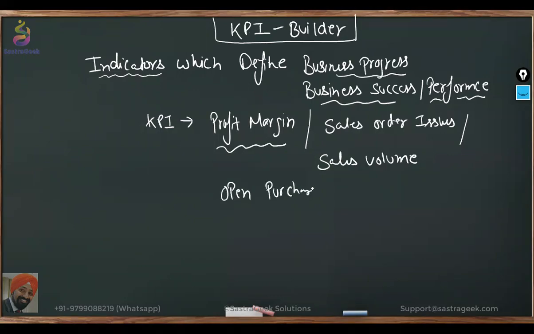Your backlog purchase orders or sales orders can be a KPI. If you have a lot of backlog purchase orders, it can further impact your fulfillment. You will not be able to receive the material, you will not be able to produce it, and then further you will not be able to sell it. So indirectly it is impacting your revenue, indirectly it is impacting your company performance. So that can be one KPI.